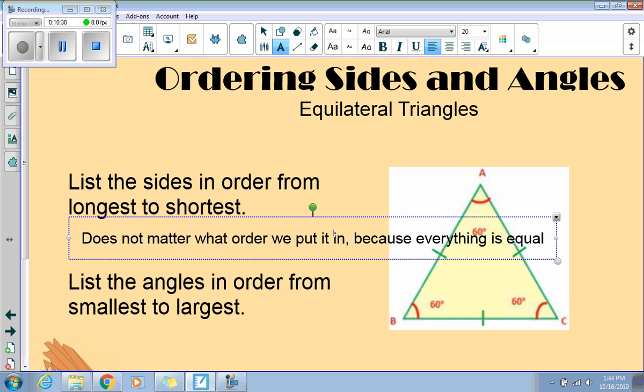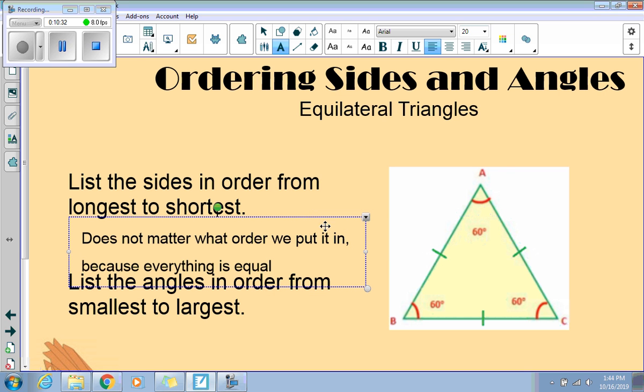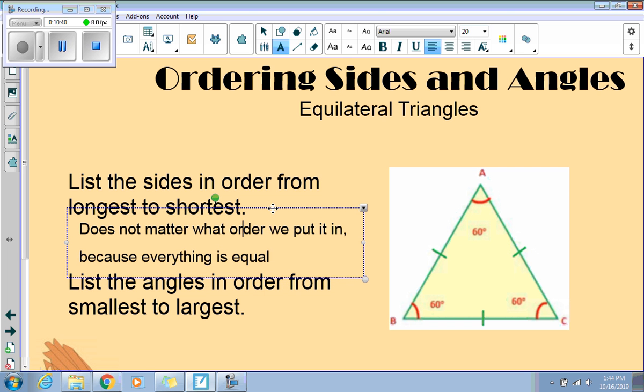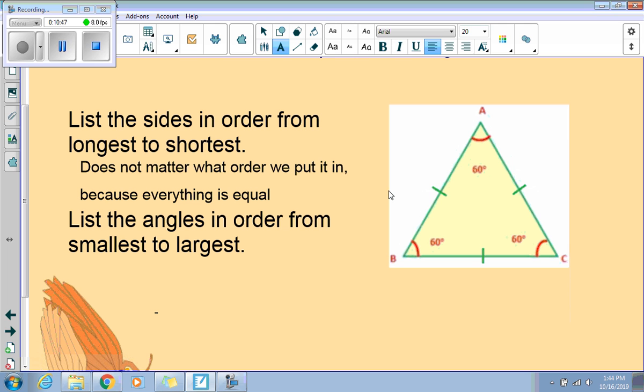Now this would be the answer for both the top part and the bottom part here. We can't list the sides in order because they're exactly the same. And if they ask you to, you just put them in whatever order you want, because the order doesn't matter.